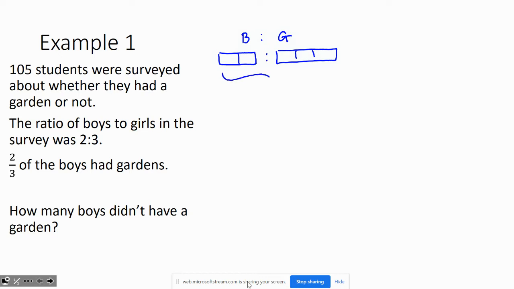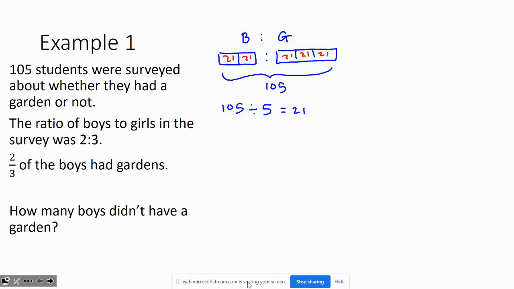So you can see to find out one box in our ratio, we do 105 divided by the 5 boxes, which gets us 21 per box. So inside each box, we have 21.